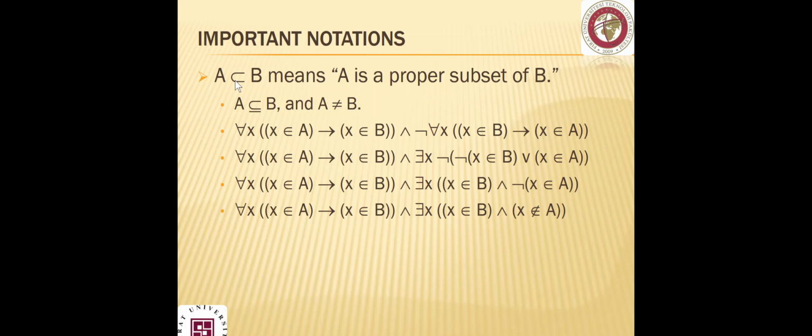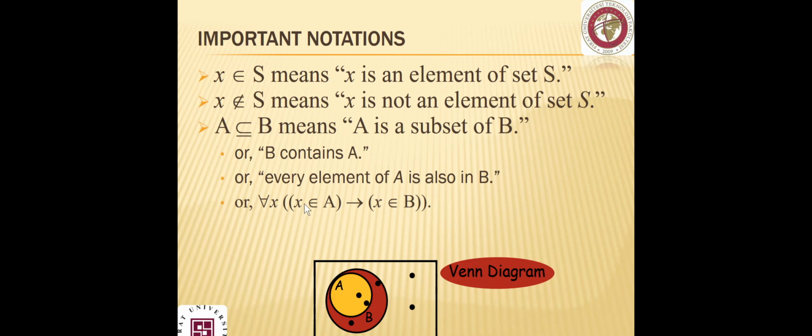We have the proper subset. The proper subset is defined this way, and it has the same definition as the subset, except for one thing. If we say A is a proper subset of B, it means that B contains A, or A is contained by B, but A is not equal to B. In the subset case, there is no such exception. A and B could be equal.